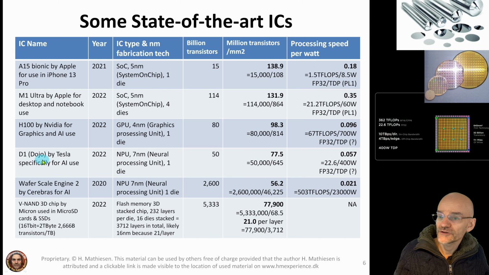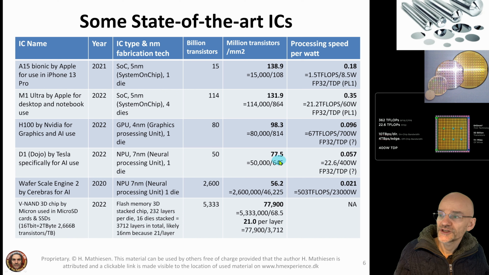And then we have another chip, which should be known by now to anyone who follows Tesla, because this is the D1 from the Dojo supercomputer project that Tesla is running, and this is their chip. It has 50 billion transistors. It's smaller than the NVIDIA, at 445 square millimeters. So it packs 77 million transistors per square millimeter, a little less than the brand new H100.